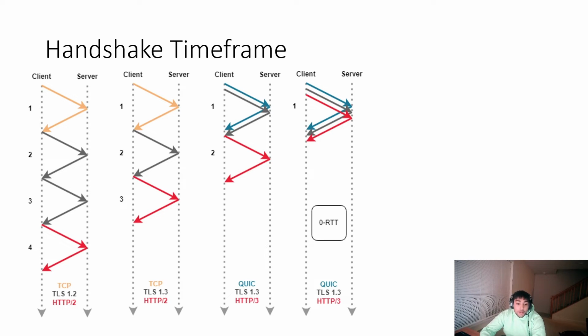And so if you make the next connection to a server that you already know and your browser has already remembered those encryption keys, then you can immediately encrypt your first HTTP request in the first round trip. And so you can combine all 3 layers, the transport, security, and application layer, all into a single round trip and get a lot of data in earlier. And that is what I would say is the killer feature of HTTP/3 and QUIC.